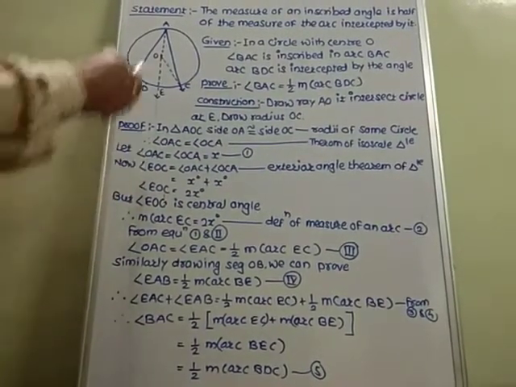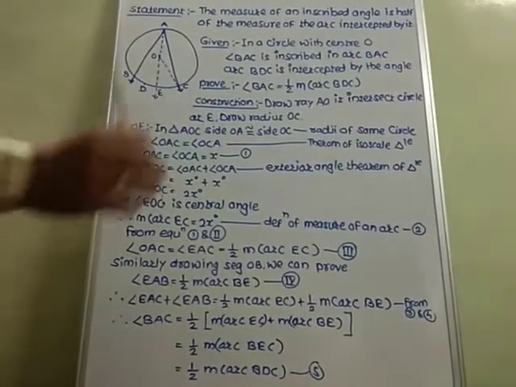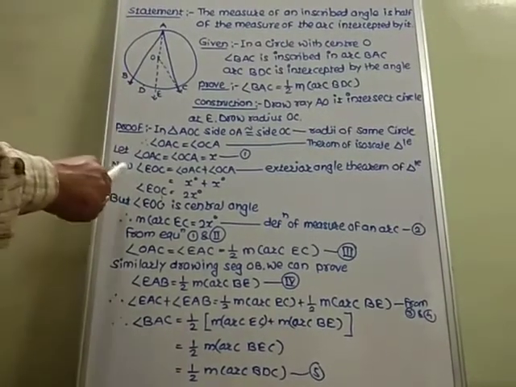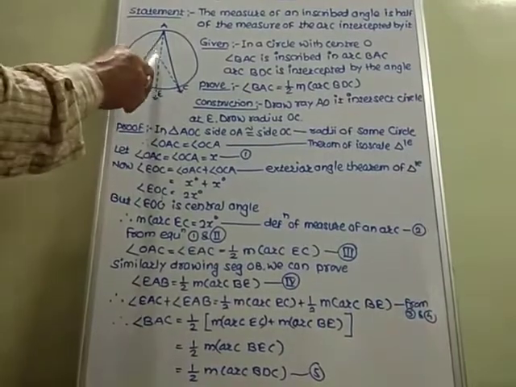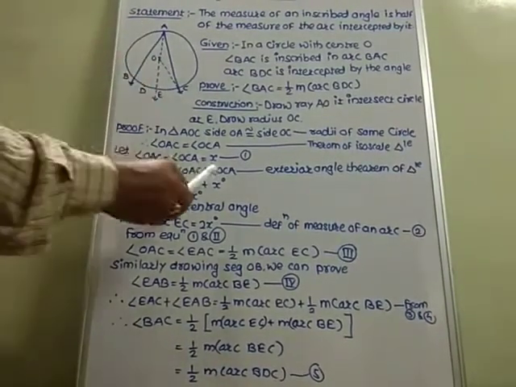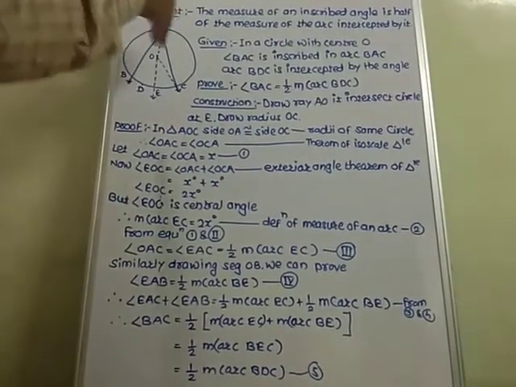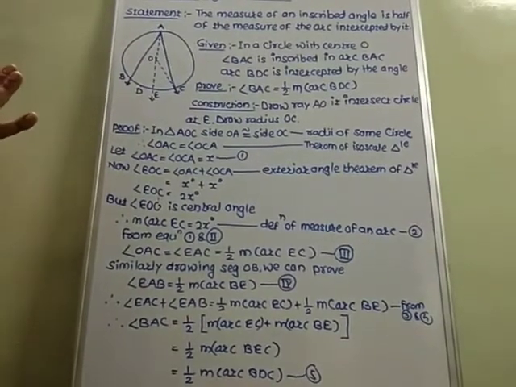Therefore, let angle OAC equal angle OCA, equal to x. Suppose angle x. Now EOC means what? OAC plus OCA, because EOC is the exterior angle of triangle OAC. Look here, EOC is the exterior angle.